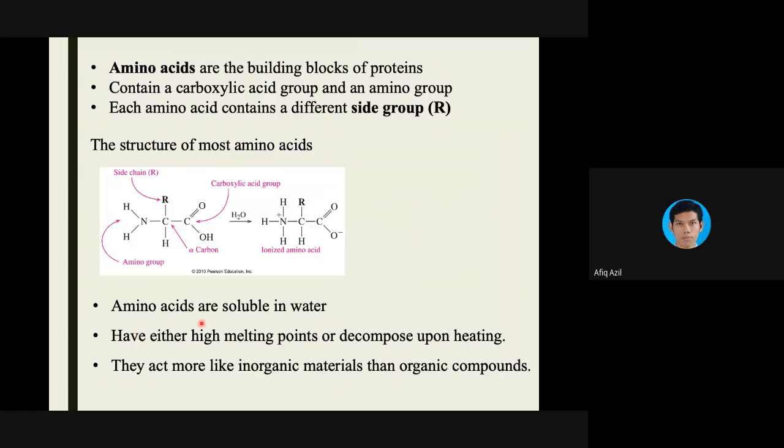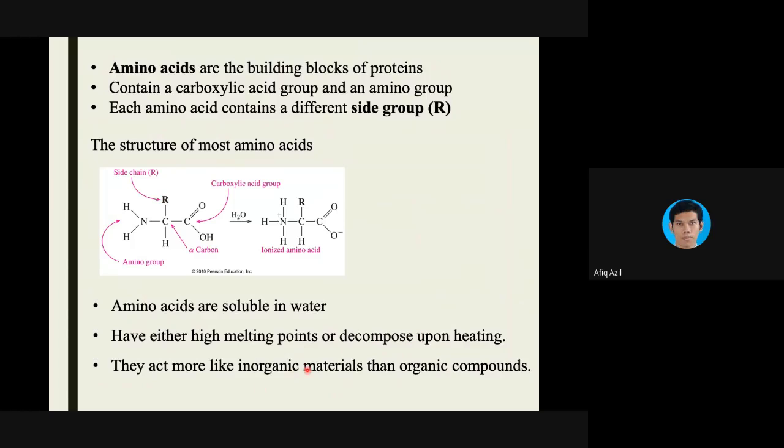So amino acids are soluble in water. Okay, the reason is because it can form hydrogen bonds on both the carboxylic side and the amino group side. So they have either high melting points or they may also decompose upon heating.